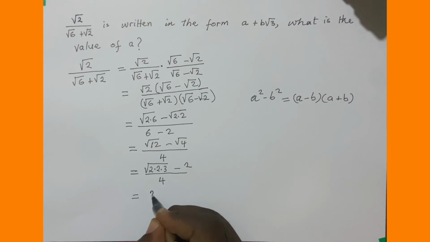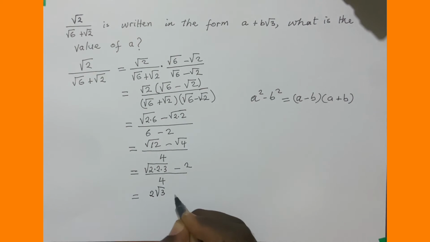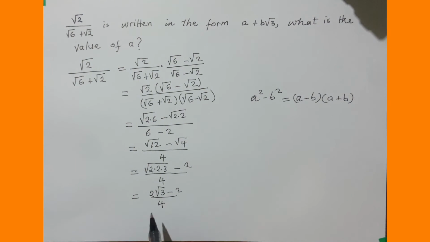So that will be equal to 2 root 3 minus 2 over 4. And this is equal to, we'll factor out 2. So we'll have 2 into root 3 minus 1, sorry, divided by 4.